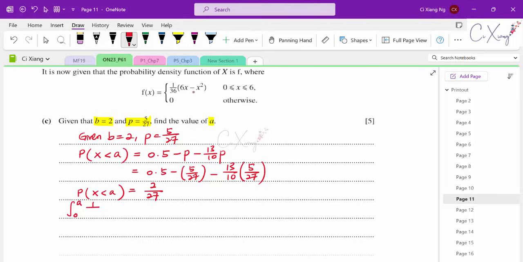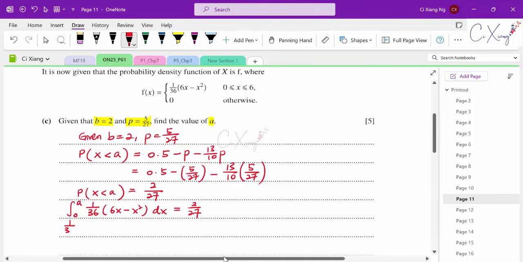So it should be 1 over 36, then 6x minus x squared dx equals 2 over 27. 1 over 36 is a constant, so I take it out first. Integrate 6x, you have 6x squared divided by 2, so eventually 3x squared here.